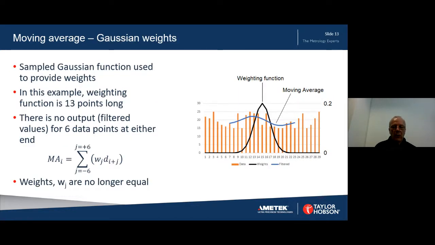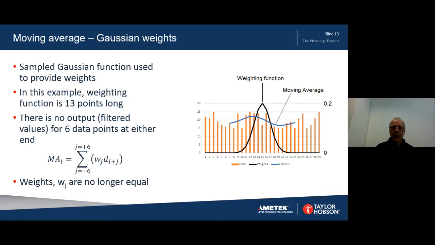It's a small step now to create a Gaussian filter using the moving average formula. All we have to do is to change the set of weights from being constant to representing a sampled Gaussian function. In this case, the Wj values are no longer equal. However, as before, the weights are chosen so that the area under the weighting function is still 1.